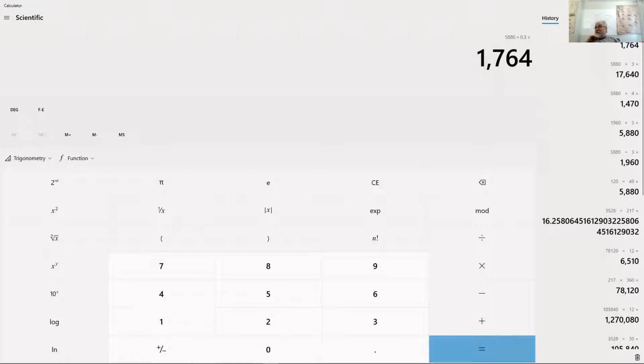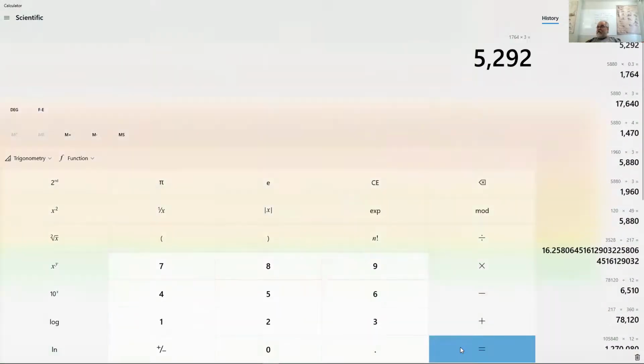So what's the relationship then between 1764 and 5880? 1/3. Okay, well, a third would be 0.33333333. But it's close, right? If I took this number and multiplied it by 3, I get this number.